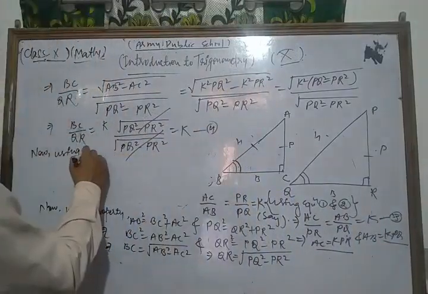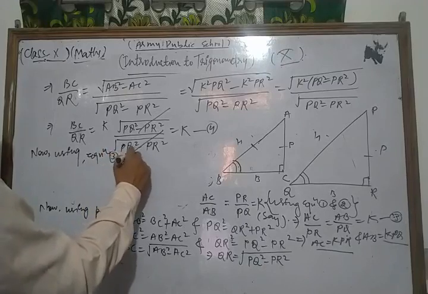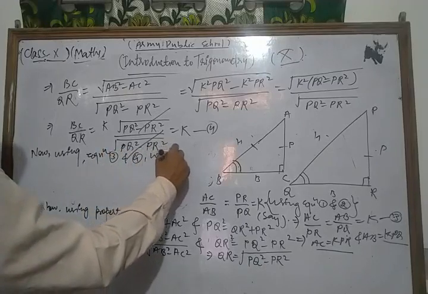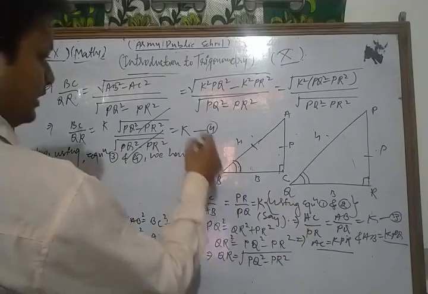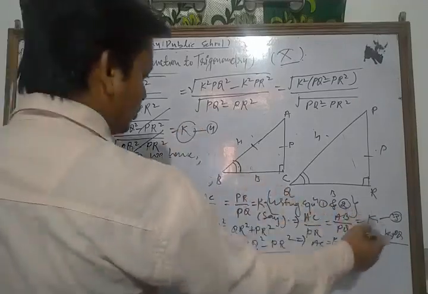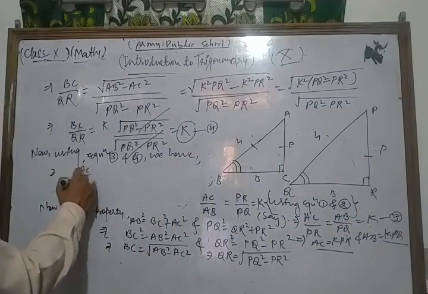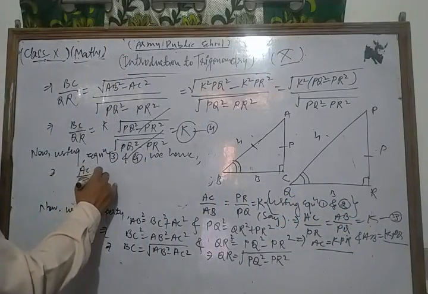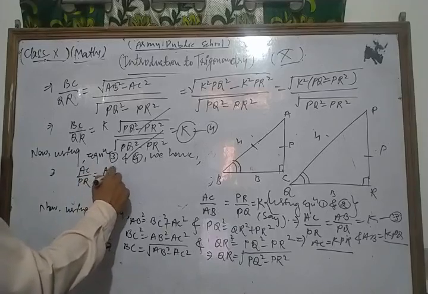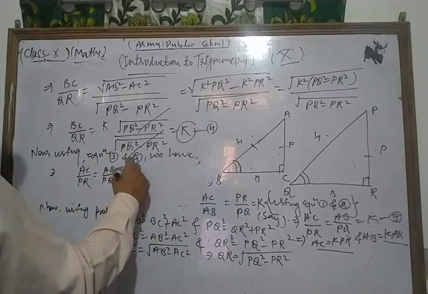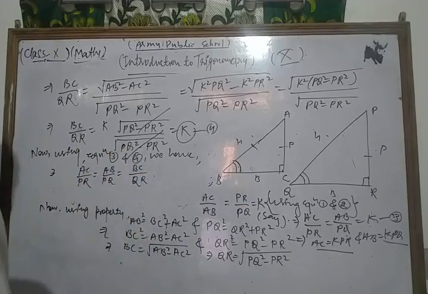Now using equations 3 and 4, this is also equal to K and this is also equal to K. Thus we have AC upon PR is equal to AB upon PQ is same as BC upon QR.